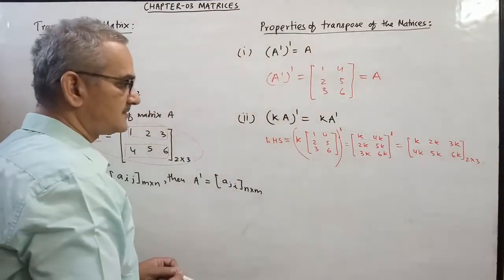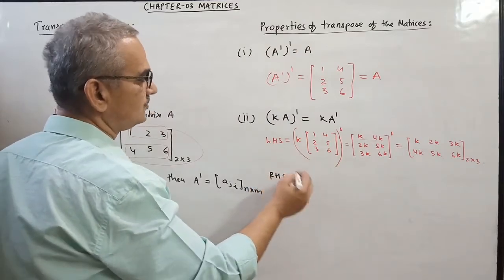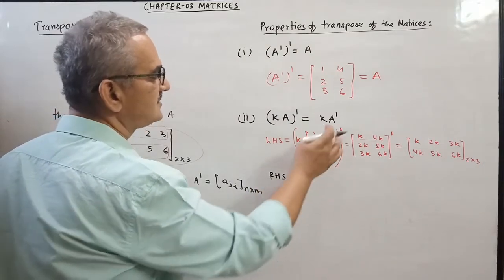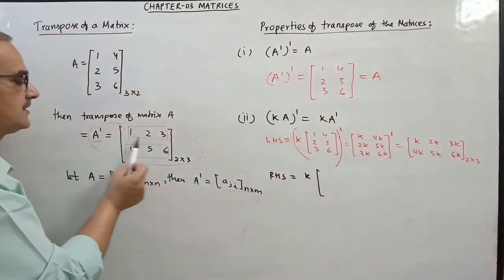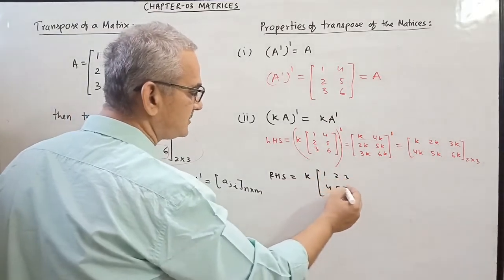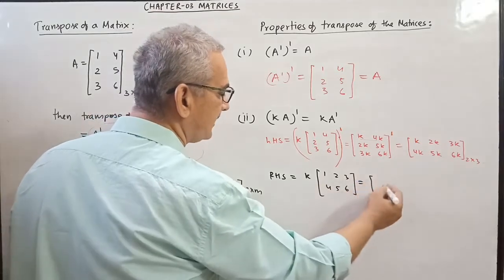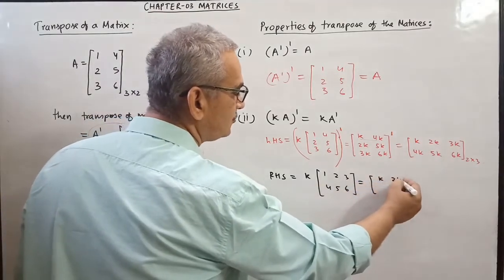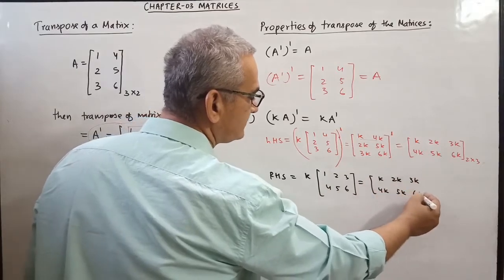Now take the right hand side. Here k is multiplied by the transpose of matrix A. What is the transpose of matrix A? The first row is 1, 2, 3, and the second row is 4, 5, 6. When you multiply this by k, you get k, 2k, 3k, 4k, 5k and 6k.